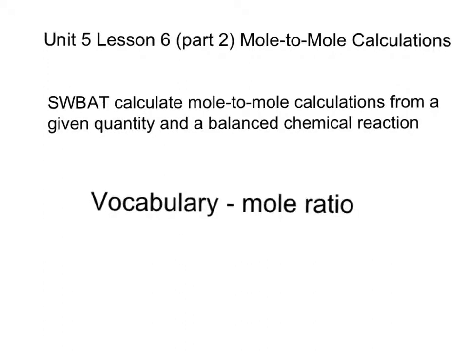This is Unit 5, Lesson 6, Part 2, mole-to-mole calculations, and students will be able to calculate mole-to-mole calculations, that's a little redundant, from a given quantity and a balanced chemical reaction. The vocabulary term is the same from last lesson, but it's just so important I put it again, which is mole ratio.